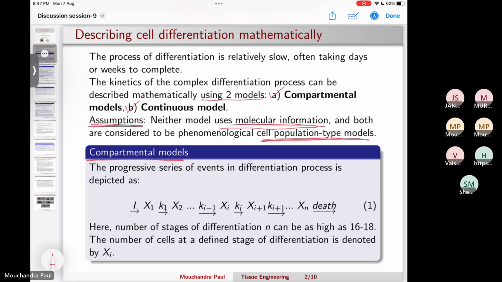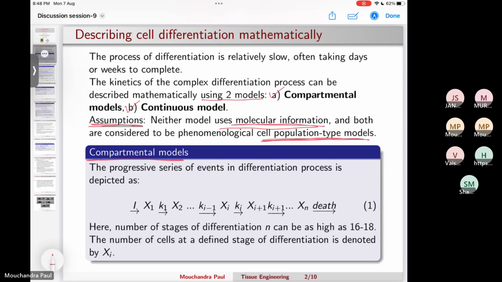So you have seen in erythropoiesis the cell structure and all is changing, right? There was an early precursor cell, and then a progenitor cell, etc. So you can place all the early precursor cells in one stage, and then the later progenitor cells, etc., in another stage. Similarly, this is what they are doing in the compartmental model.